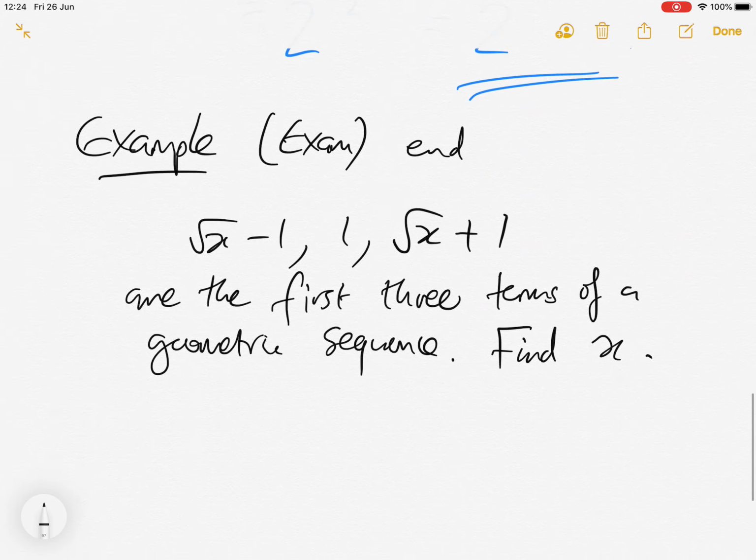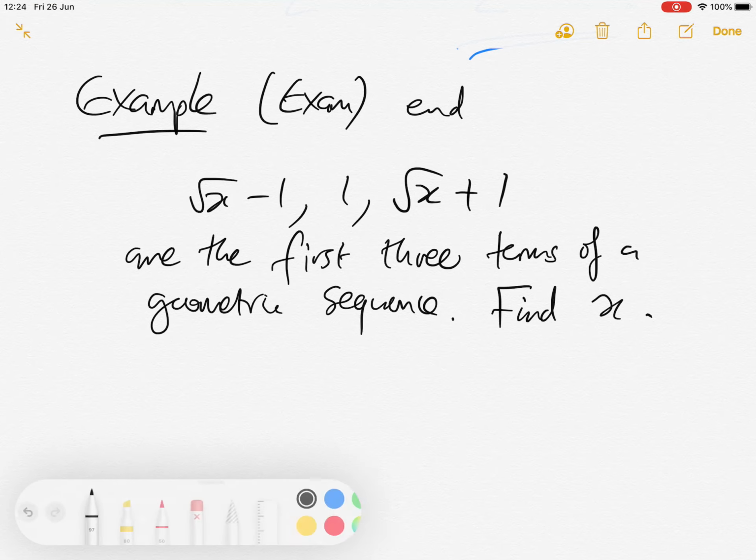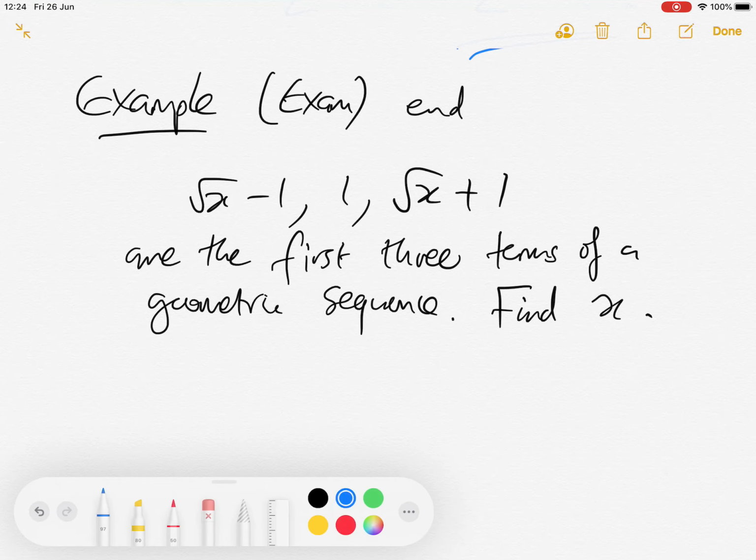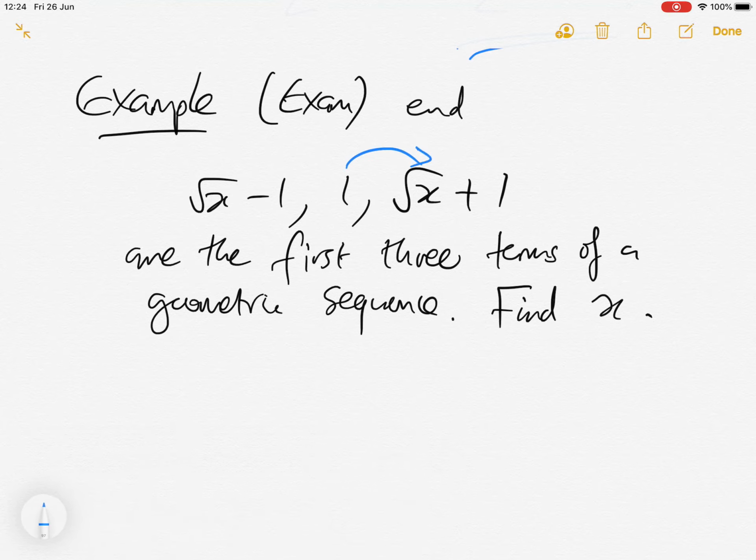Okay, so that looks pretty daunting. But firstly, note that r is the thing you multiply by. So clearly, to go from 1 to root x plus 1, we must have r is root x plus 1. So that's the only thing we can multiply 1 by to get root x plus 1.